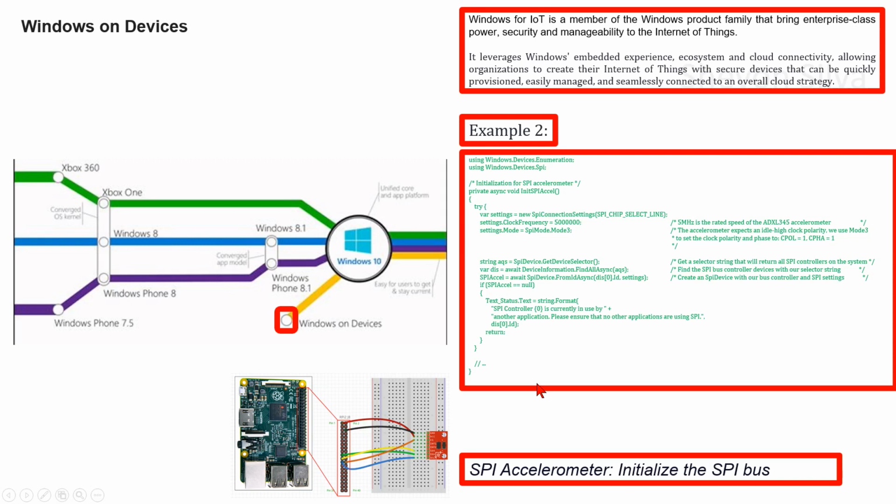Here is the overview of what's happening. First we create an SPI connection settings object and set the clock speed, clock polarity and chip select line.